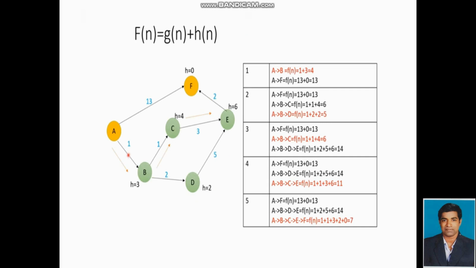Then from node B, there are possibilities C and D. First A to B to C: we apply the formula g of n plus h of n.